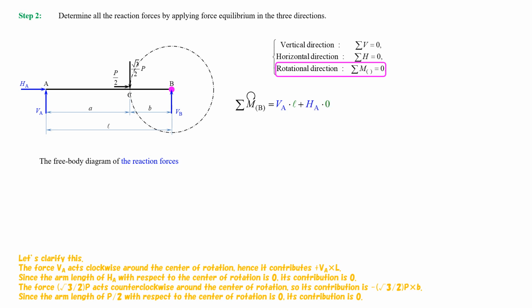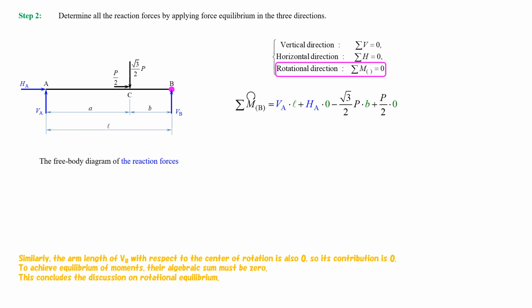The force, the square root of 3 divided by 2, multiplied by P, acts counterclockwise around the center of rotation, so its contribution is minus the square root of 3 divided by 2, multiplied by P, and then multiplied by B. Since the arm length of 1/2 of P with respect to the center of rotation is 0, its contribution is 0.